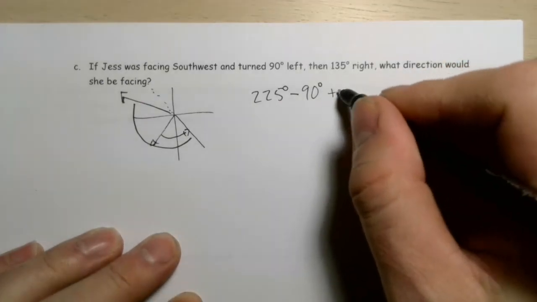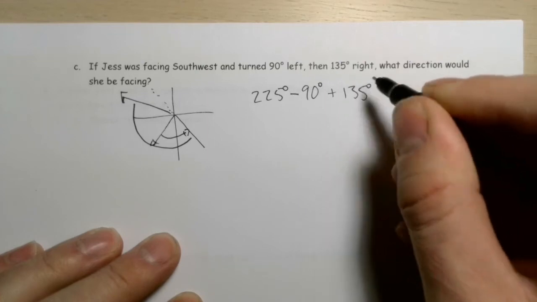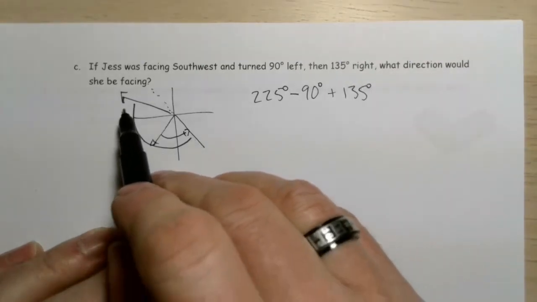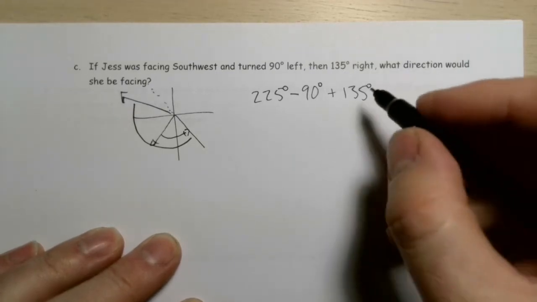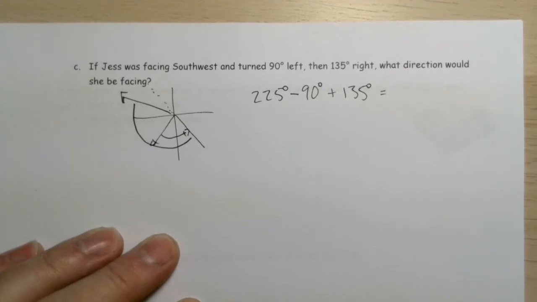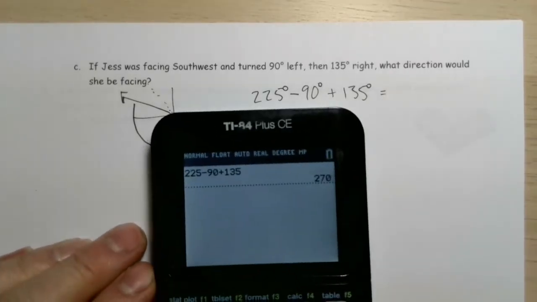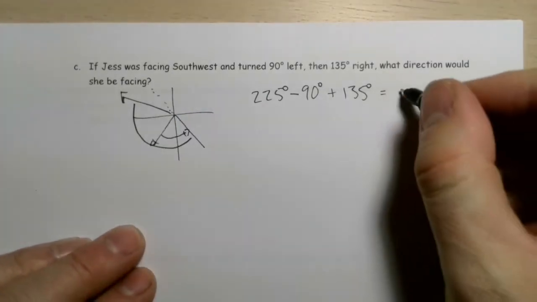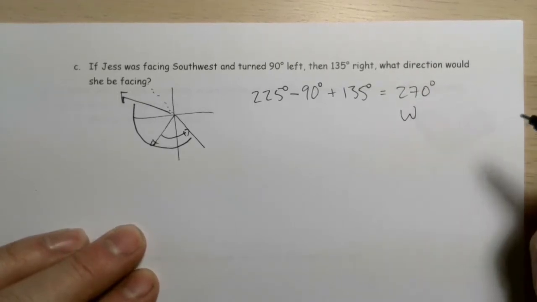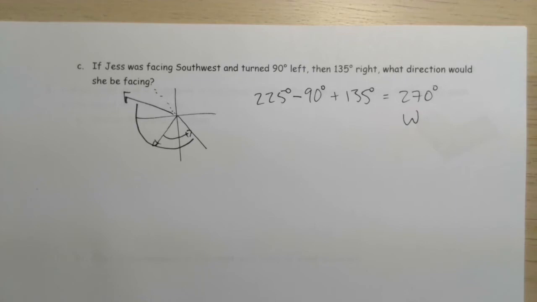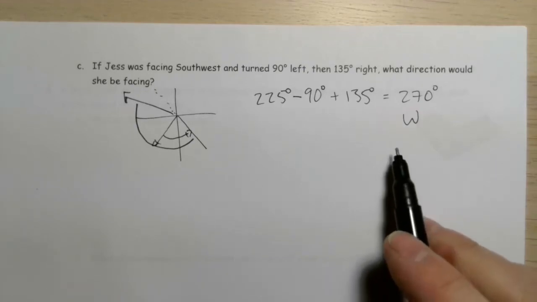But then we're going to add 135 degrees to the right, which is going to be clockwise. So then we add 135 degrees to that. Now, when I do that on my calculator over here, I get 270 degrees, or west. 270 degrees is 3/4 of the way around the circle, so that's going to be west.